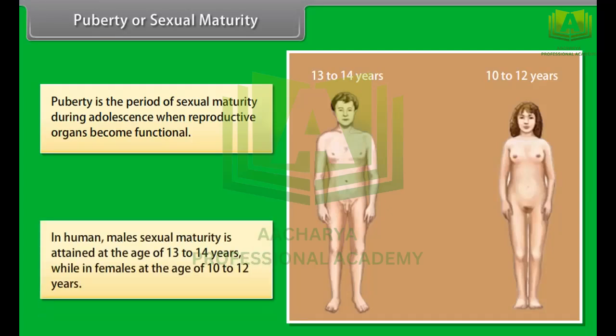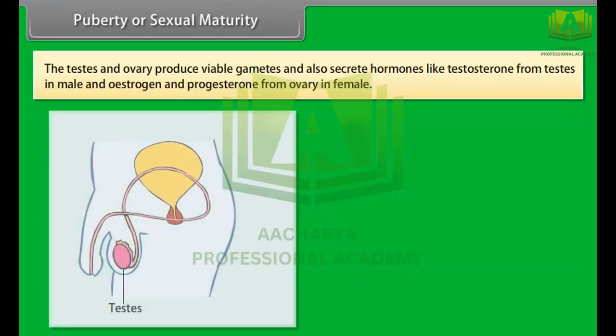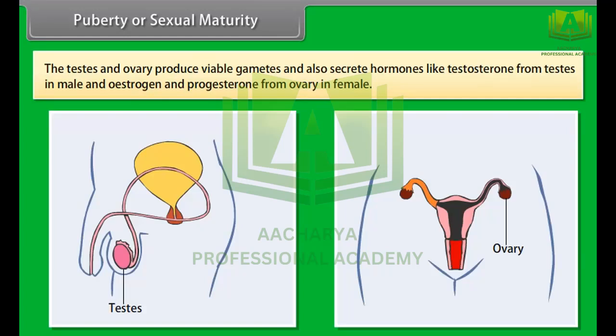In human males, sexual maturity is attained at the age of 13 to 14 years, while in females at the age of 10 to 12 years. The testes and ovaries produce viable gametes and also secrete hormones like testosterone from testes in male and estrogen and progesterone from ovary in female.